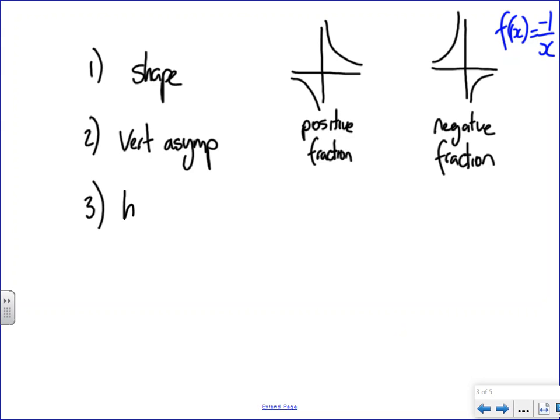The next thing is you want to look at your horizontal asymptote. For now, at this early stage of the unit, let's just assume that it's always going to be a horizontal line going through 0. The reason why that's the case is the only way a fraction can equal 0 is if the numerator equals 0.